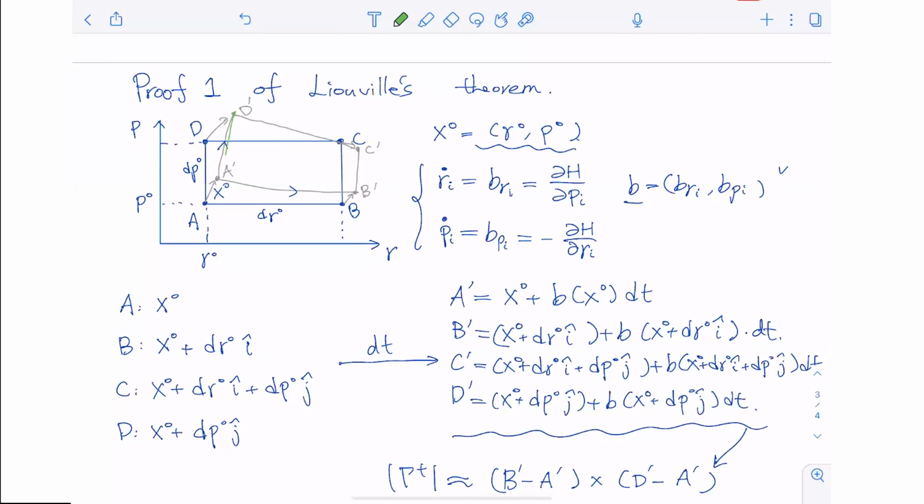Maybe I'll just write it down such that it is easier to imagine. Let me just try to be more precise.